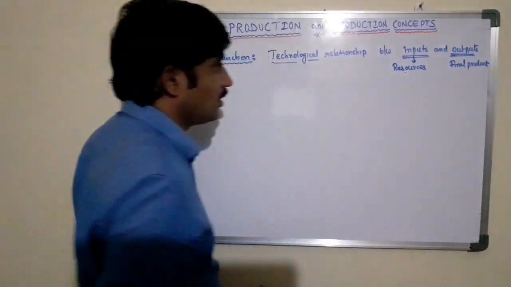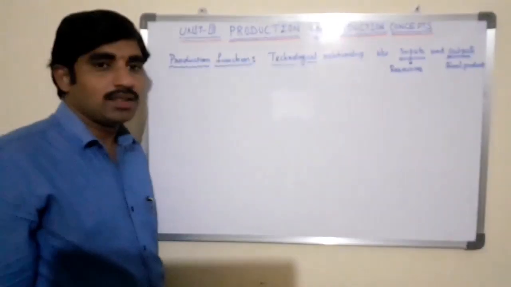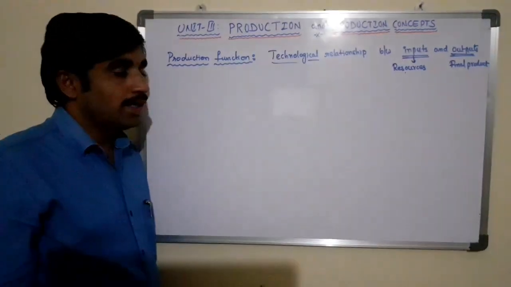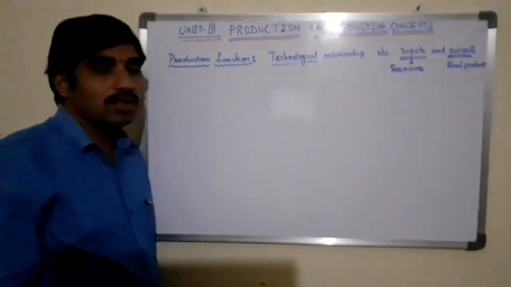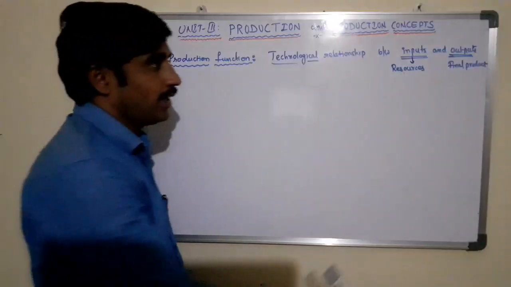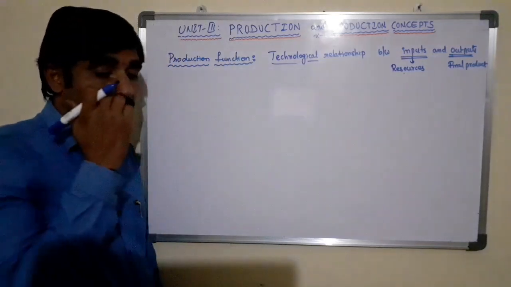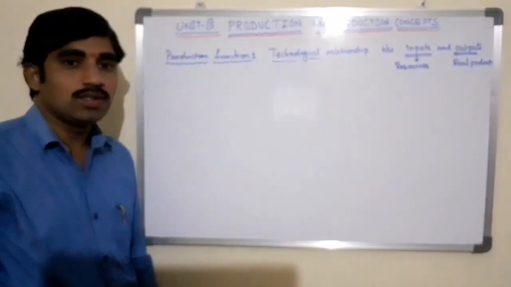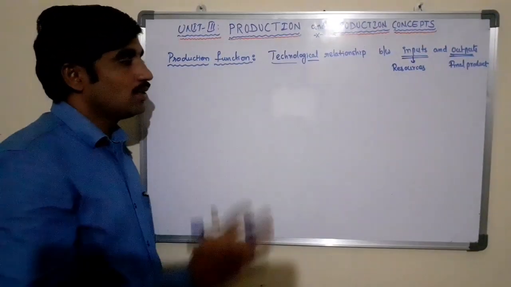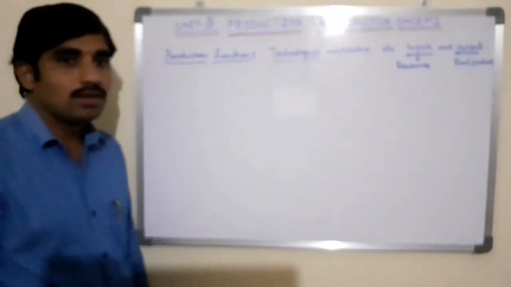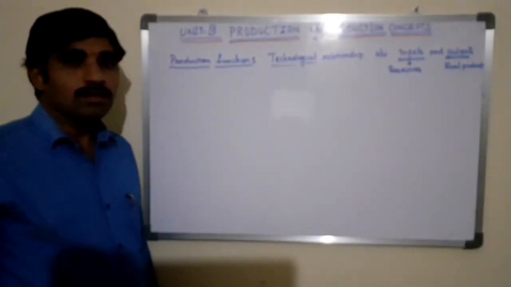Here the inputs, the resources, are raw material, technology, labor, employees, buildings, capital, and all these are the resources being used, and the output is the quantity of output produced using the resources available in the business. The relationship between these two is known as production function.